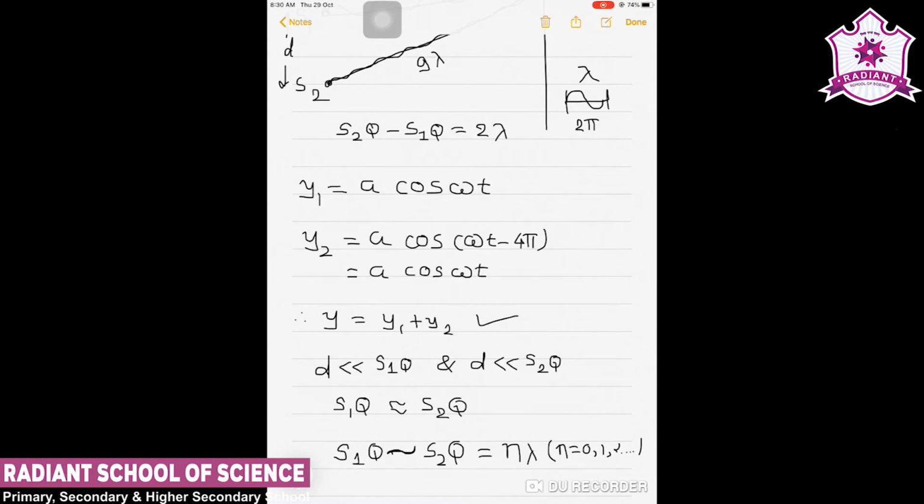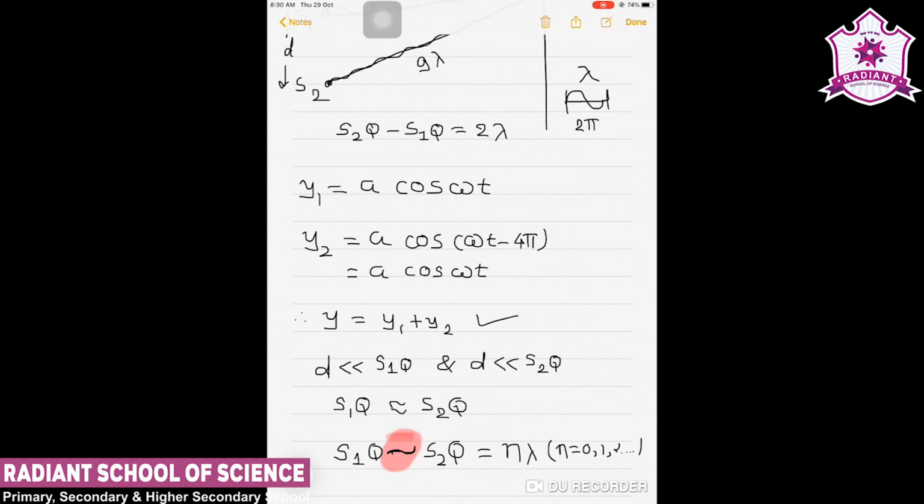The sign I have shown here between S1Q and S2Q represents the difference between S1Q and S2Q.